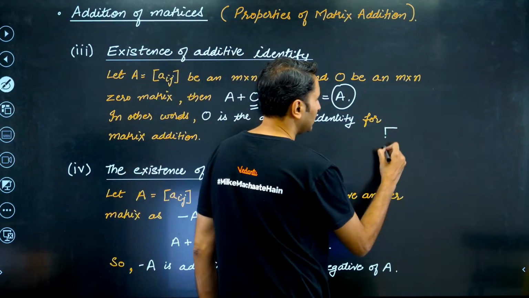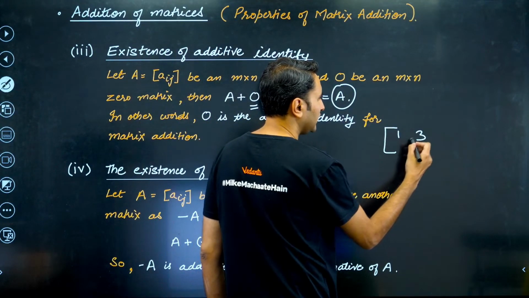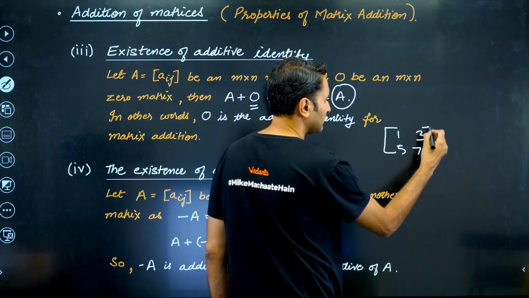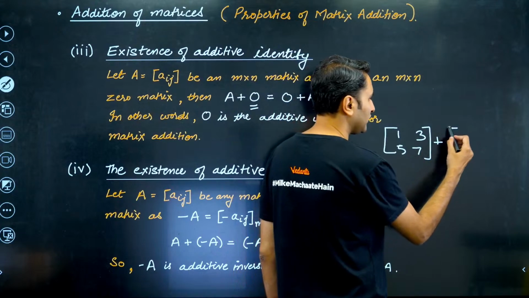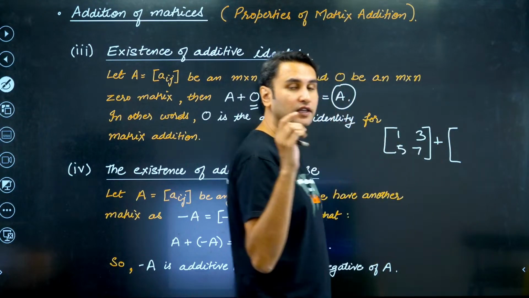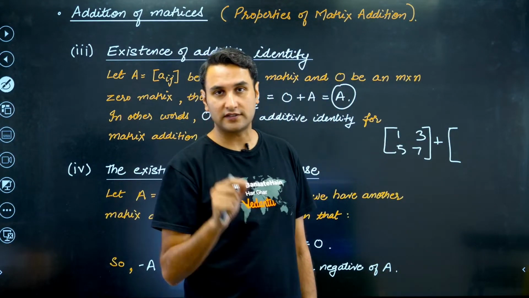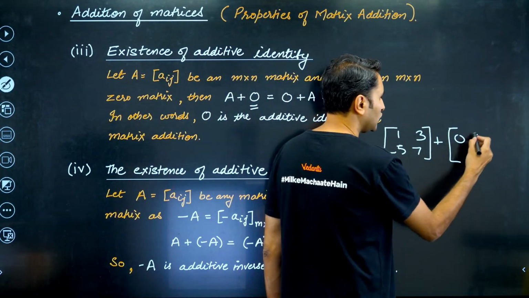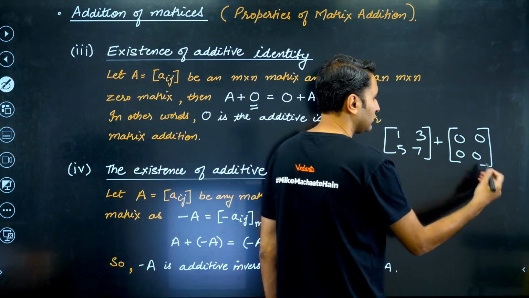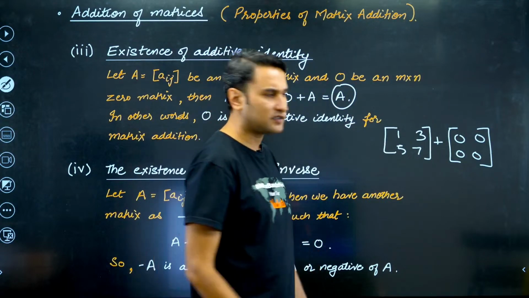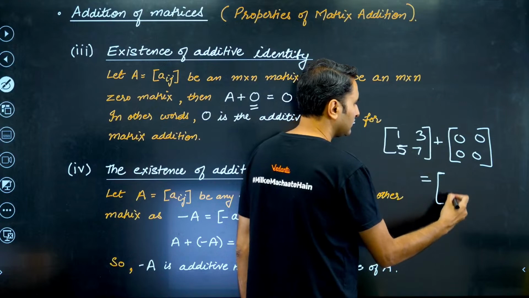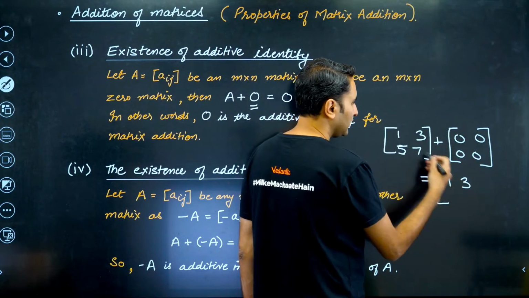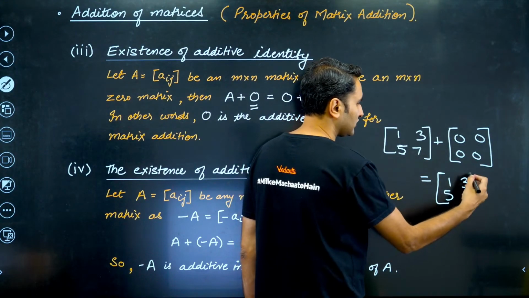For example, if the A matrix is 1, 3, 5, 7, and you add it to the zero matrix of the same order, of course, addition happens only if the orders are the same, what will you get? The same matrix, right? So 1 plus 0 is 1, 3 plus 0 is 3, 5 plus 0 is 5, 7 plus 0 is 7.